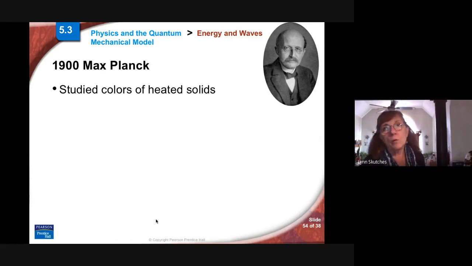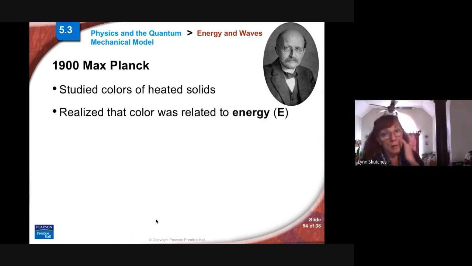The picture of the horseshoe that I showed you that's in our textbook, different colors correspond to different temperatures. Why was that? Well, it turns out it's because of electrons, but Planck is famous for calculating how much energy to get to these certain colors.